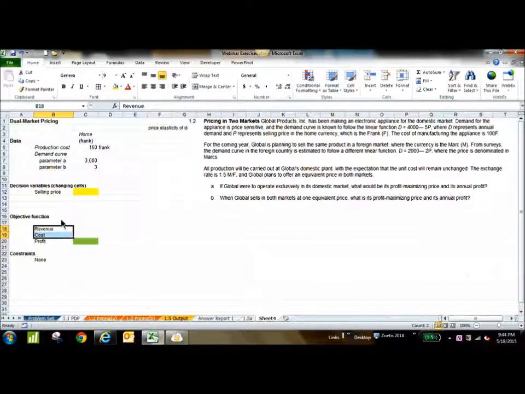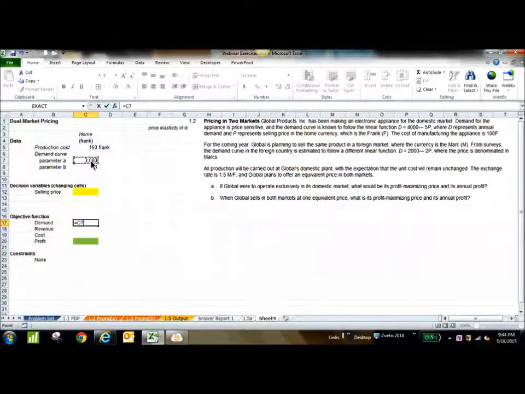Demand is going to be based on a formula, which is this minus this times this. I have my demand. Revenue is equal to what? Revenue would be the demand times the selling price.